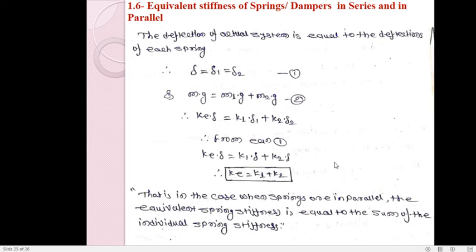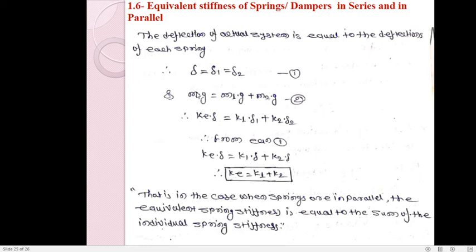Therefore we can write m into g, which is the force, is equal to m1 into g plus m2 into g. m1 into g is the force produced in spring 1 and m2 into g is the force produced in spring 2. And as in the previous case we discussed the definition of stiffness, that is, stiffness is nothing but force per unit deflection.